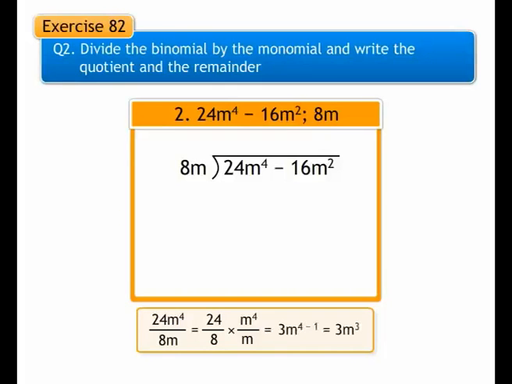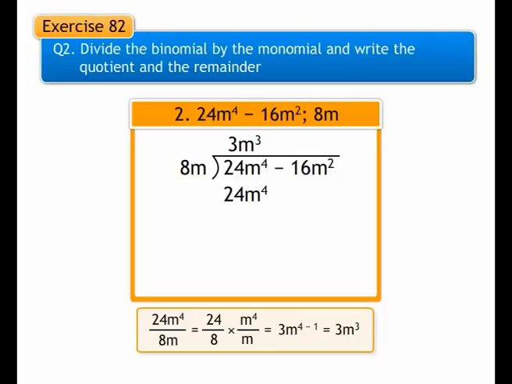Thus, it becomes the first part of the quotient. Now we will write 3m raised to 3 as the first part of the quotient above the line and the product of 8m and 3m raised to 3, that is the product of the divisor and the quotient, which is equal to 24m raised to 4, exactly below the first part of the dividend.